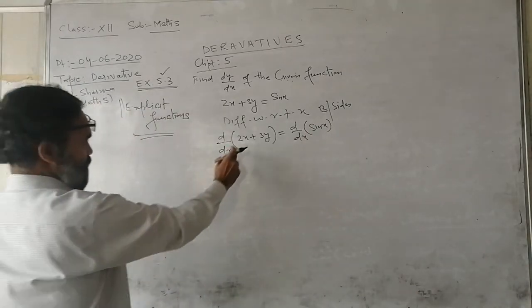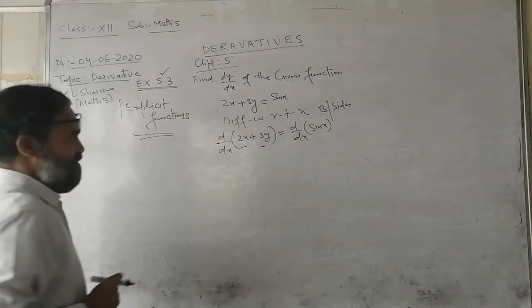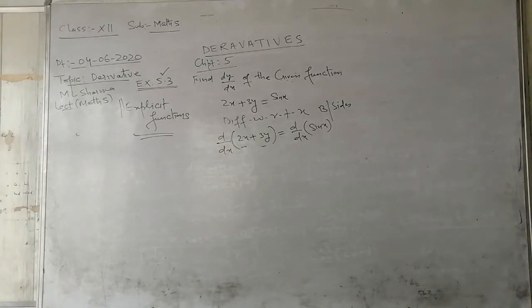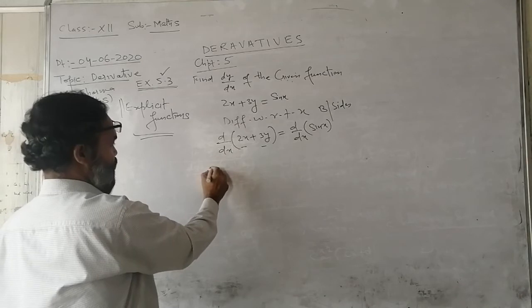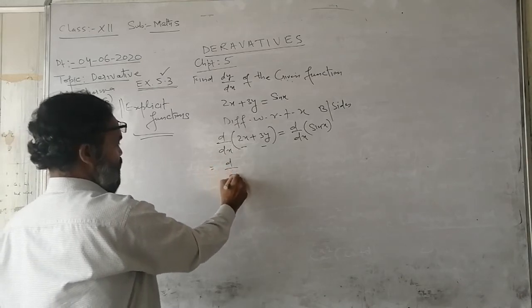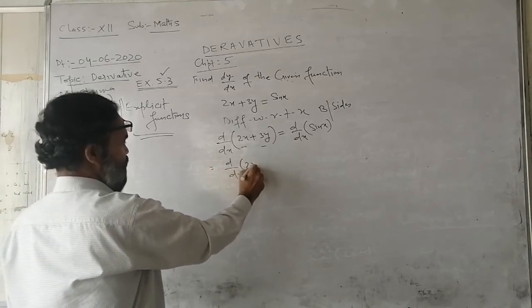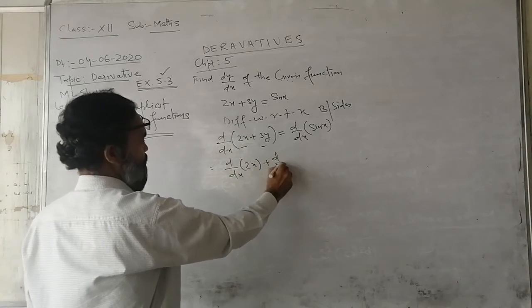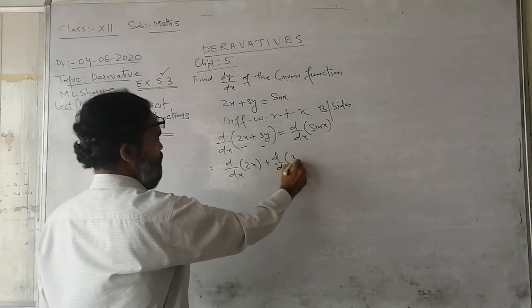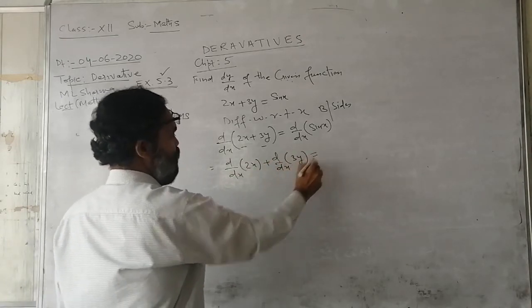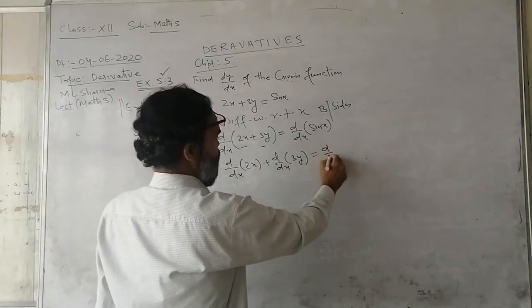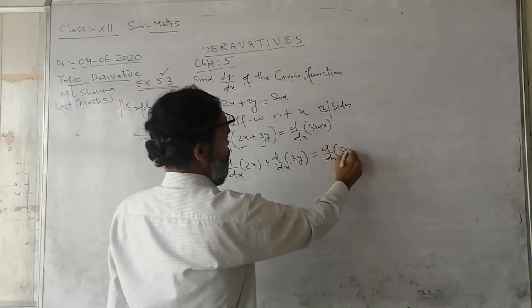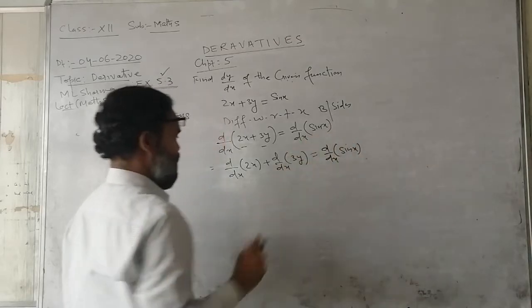These are the two variables x and y, and their derivative we can write separating the two variables, and d upon dx of sine x.